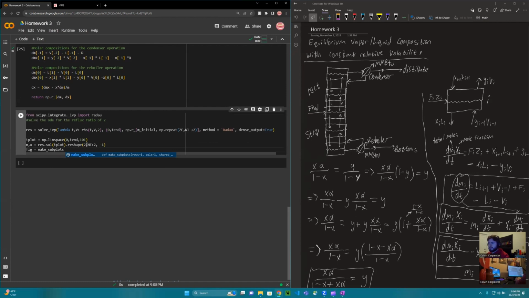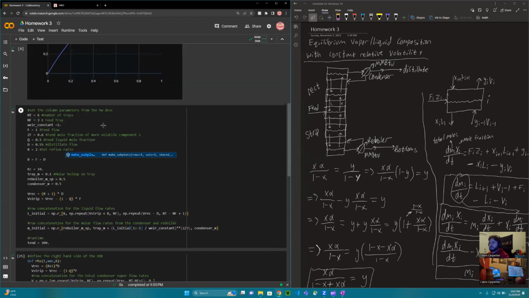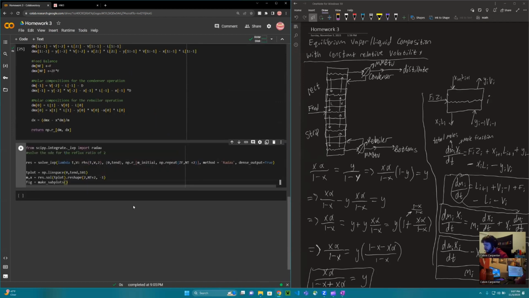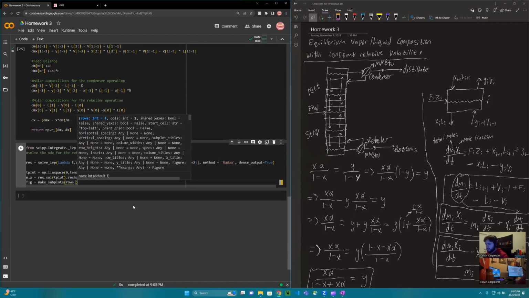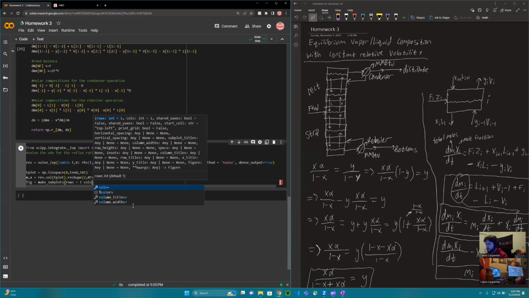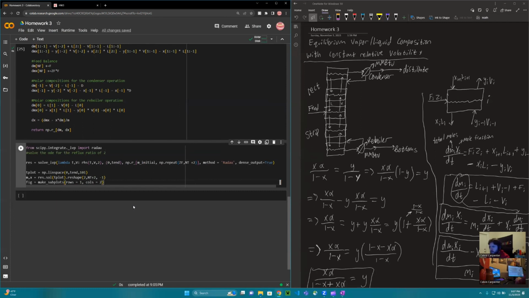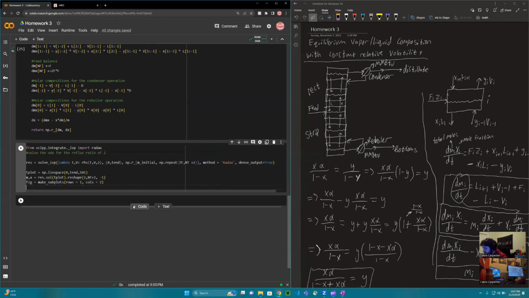Fig equals make_subplots, rows equals 1, cols equals 2. Okay, I think that's all we need for that.